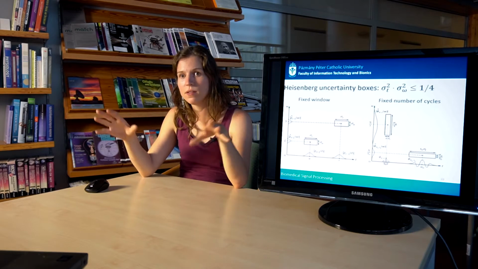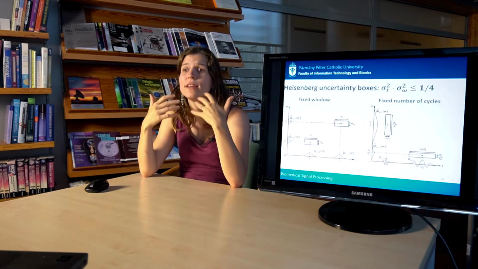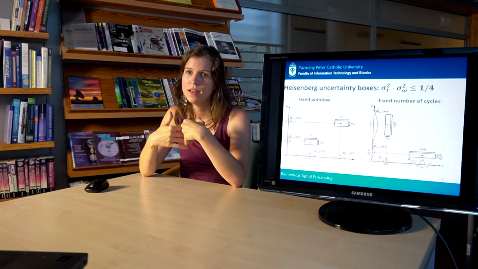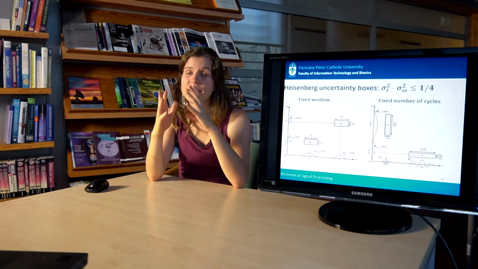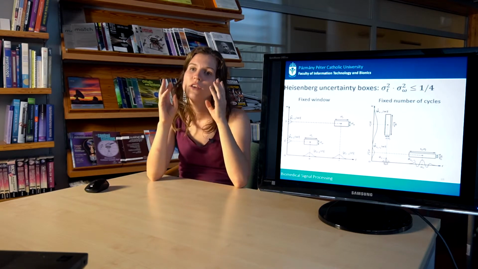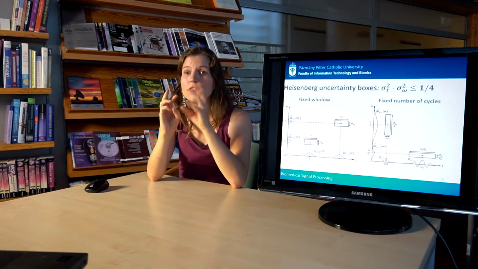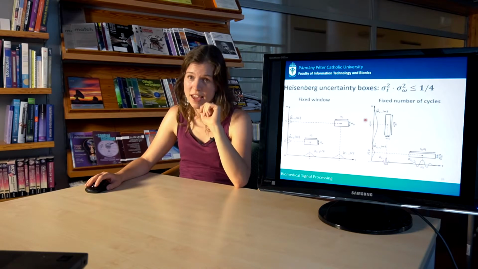So to summarize all this information, what you have to keep in mind is that because of this time-frequency uncertainty, this simultaneous variation of the time resolution and the frequency resolution, you will have a fixed value. You can imagine it as a box which has a fixed area.